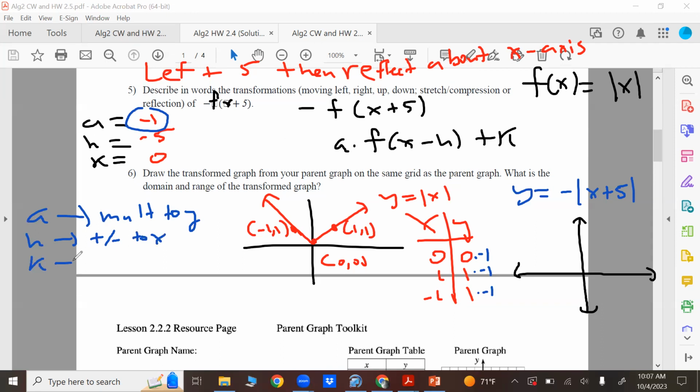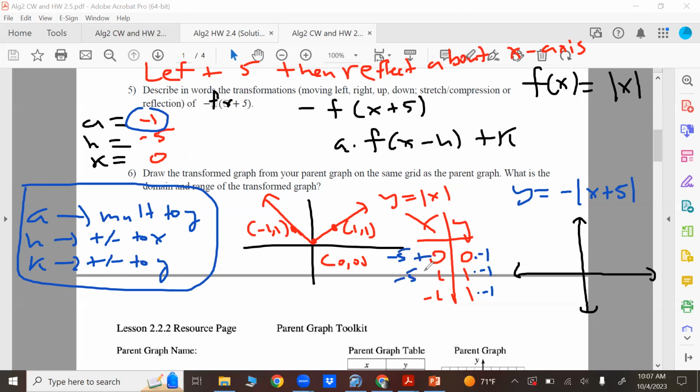And k, you add or subtract to y. That's actually pretty important because I don't know if I emphasized that enough. That's exactly what those things do. Of course, there's no k, so don't worry about it. H, you're doing negative 5. So you're doing negative 5 plus 0, negative 5 plus 1, negative 5 plus negative 1. So you're taking away 5, right?